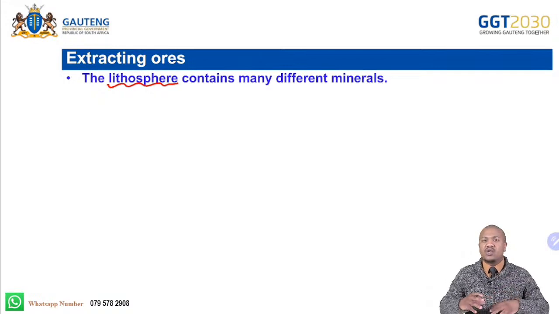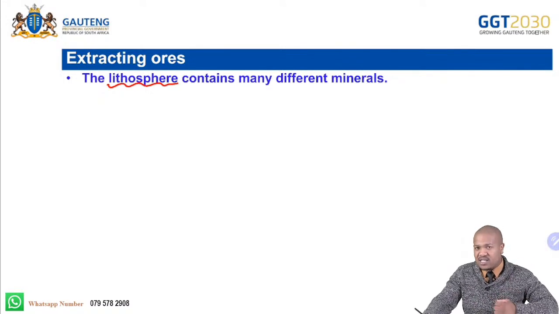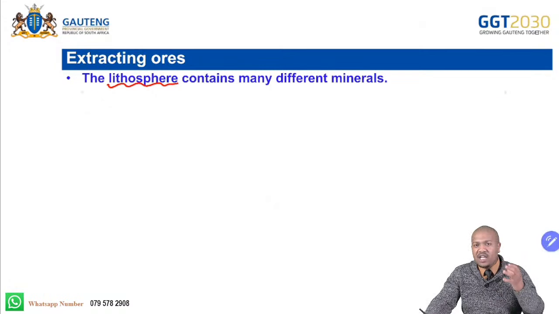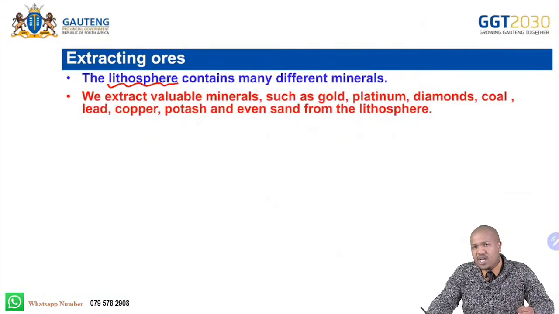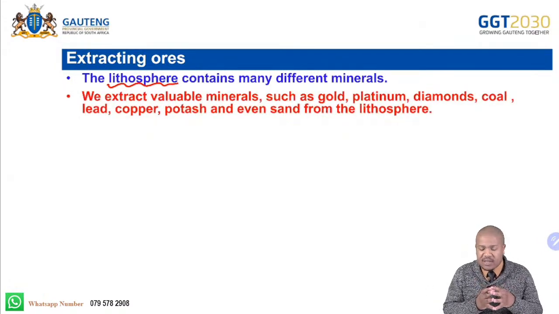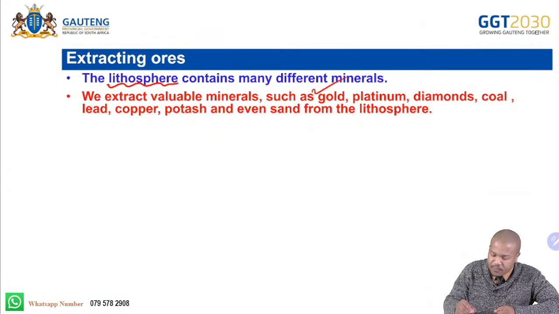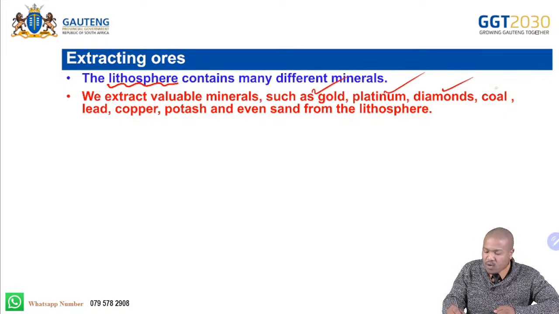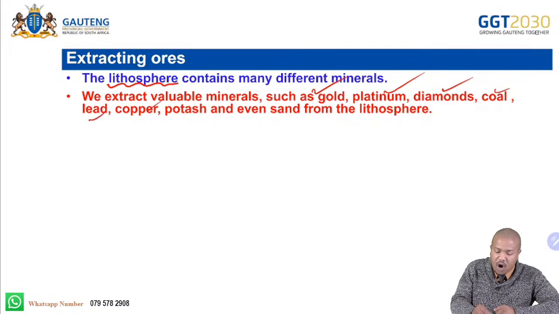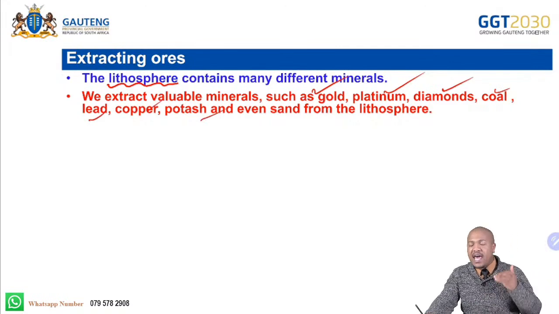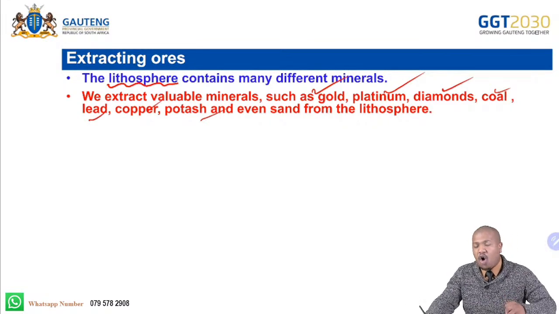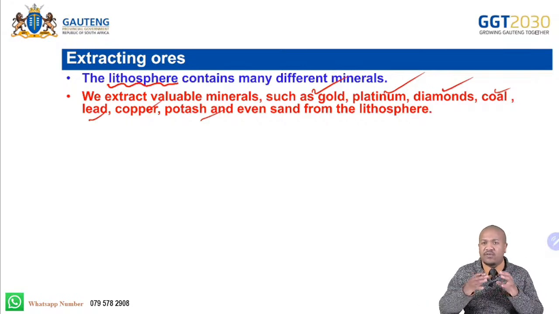From our lithosphere, we get minerals such as gold, platinum, diamonds, coal, lead, copper, potash, and even sand. All these different minerals are useful in their different manners.